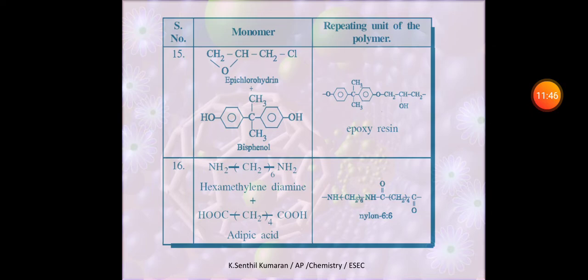Next polymer is epoxy resin. The epoxy resin polymer is formed with the help of two monomers, one is epichlorohydrin, another one is bisphenol A. The epichlorohydrin and bisphenol A condense to form epoxy resin, condensation polymerization.